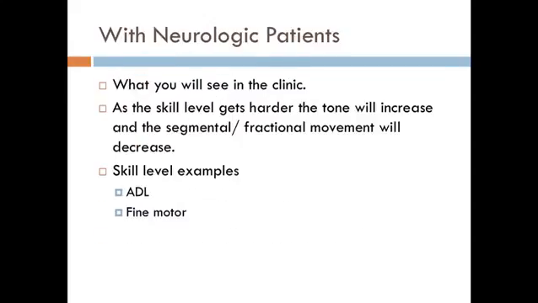As the skill level gets harder, the tone increases, and the segmental mobility goes down. So an example would be, if the skill level gets harder, I'm someone with a stroke, and if I sit still in the chair and I want to comb my hair, if the brush is the same and I'm sitting on a nice stable surface and there's no activity around me, I might be able to brush my hair nicely.